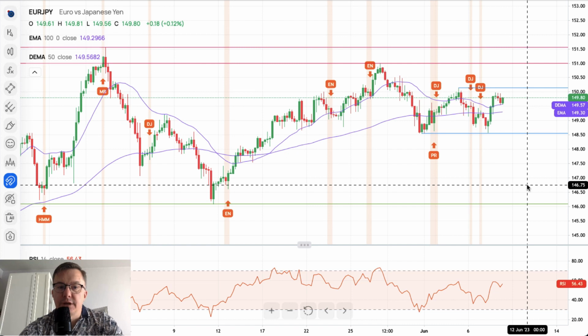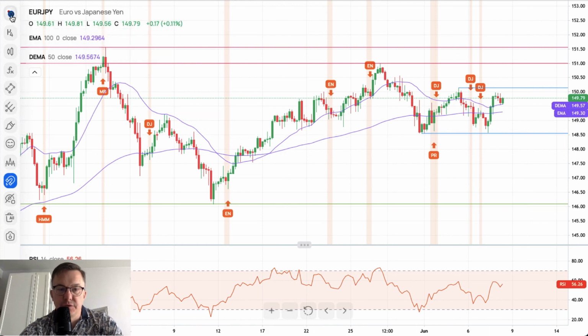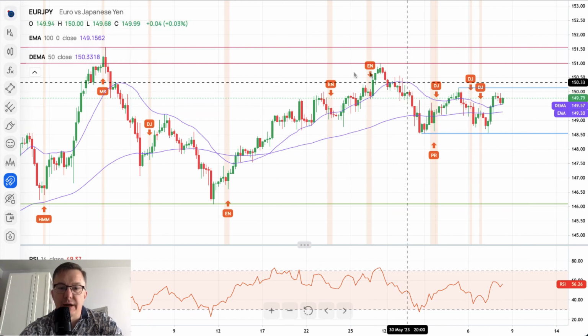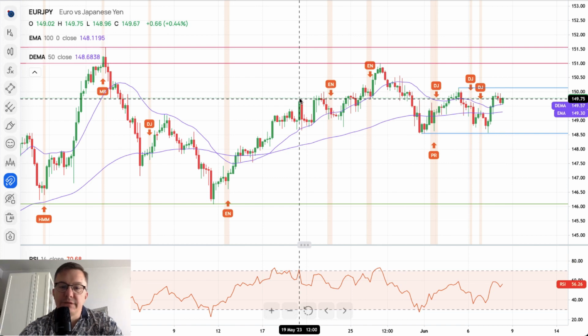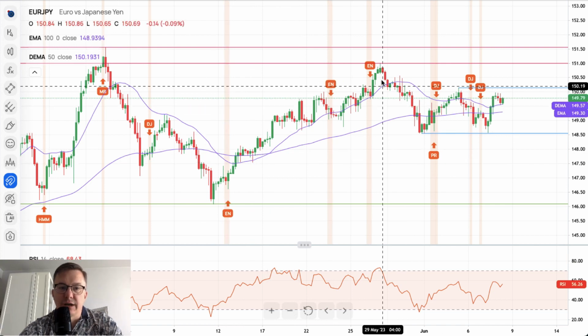The market participants do not know which way they want to go. They are waiting for a trigger to help them move in either direction. In the background, on the euro yen, there is an uptrend, but it's not that strong as on the US dollar to the Japanese yen. So this market might be not that susceptible to any fundamental triggers.